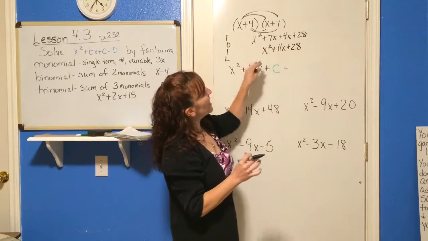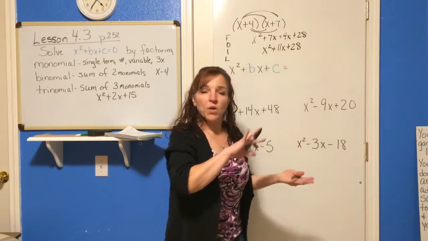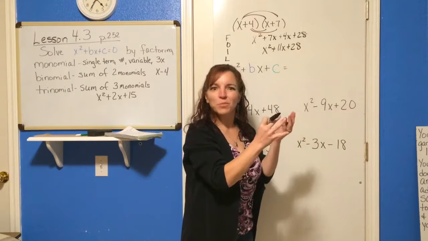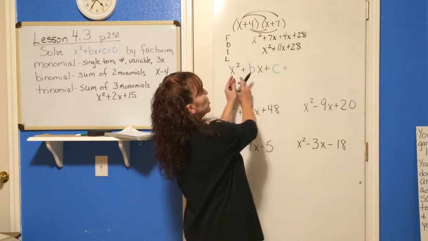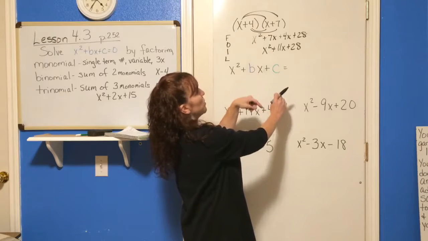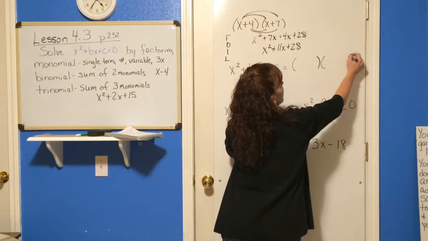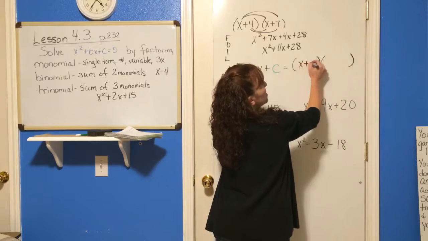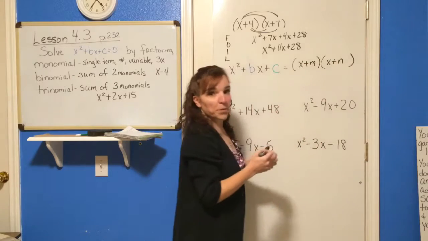So by looking at it from that direction, what we're going to do now is we're going to factor, and we're going to go backwards, or we're going to almost divide these trinomials. So if we start out with x squared plus bx plus c, we want to end up now with x plus some number times x plus some other number.